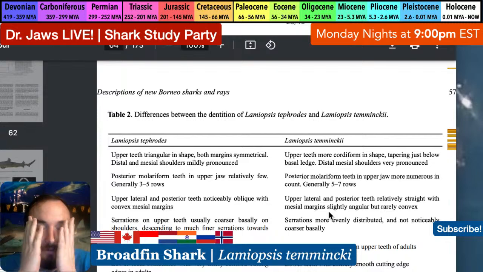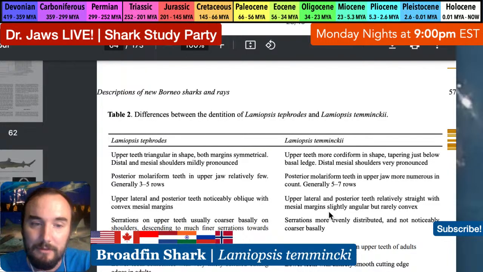It was awful, because that's such a rare jaw set. Losing a gulper shark jaw set is probably the worst shark thing I've ever done. I also had a young sandbar shark jaw set that also got lost.